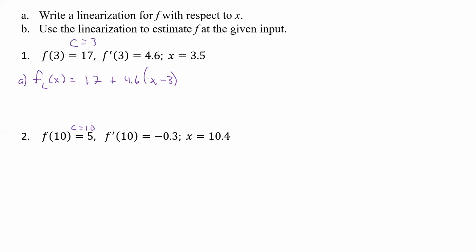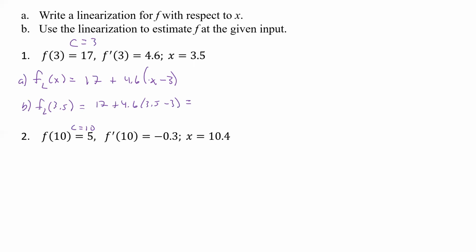So that is what they want us to do for finding a linearization for f with respect to x. And so we can plug in any x now, and we can find out what that f of whatever that x is. And so then they say, okay, well, now we want to find fl of x, which is 3.5. Well, so we're going to have 17 plus 4.6 times 3.5 minus 3.